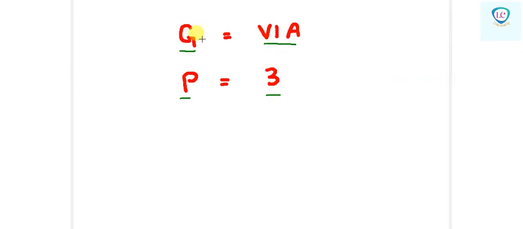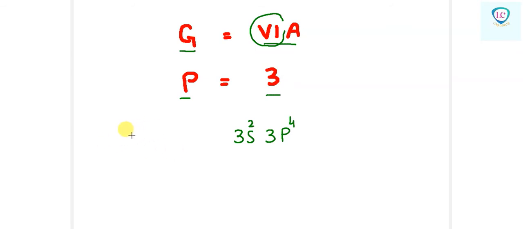In order to write the valence shell configuration, we write 3s and 3p, and we have to distribute 6 electrons because it belongs to group 6A, so it has 6 valence electrons. 2 electrons will be present in the s subshell and 4 electrons will be present in the p subshell. So the valence shell configuration of this element will be 3s2 and 3p4.